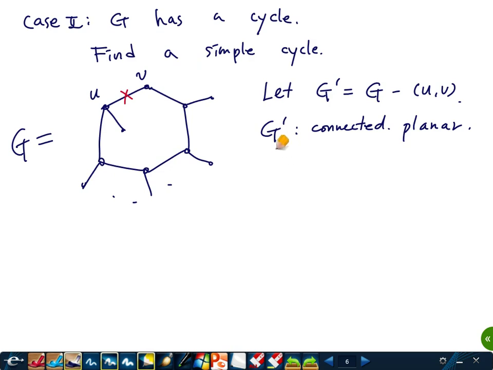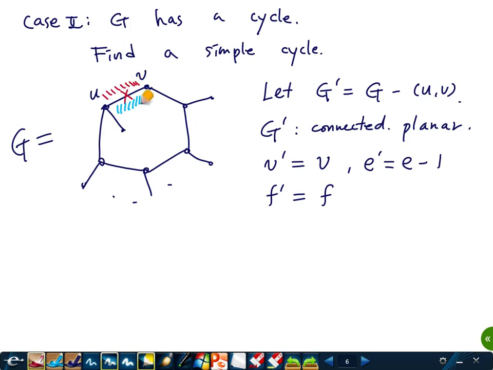And number of edges, what is the relation between V prime and V? We didn't delete any vertex, so V prime is equal to V. What is E prime? We deleted one edge, so it's E minus 1. What about F prime in terms of F? You can see here, because it's a cycle, this part belongs to one face, and this side belongs to a different face.